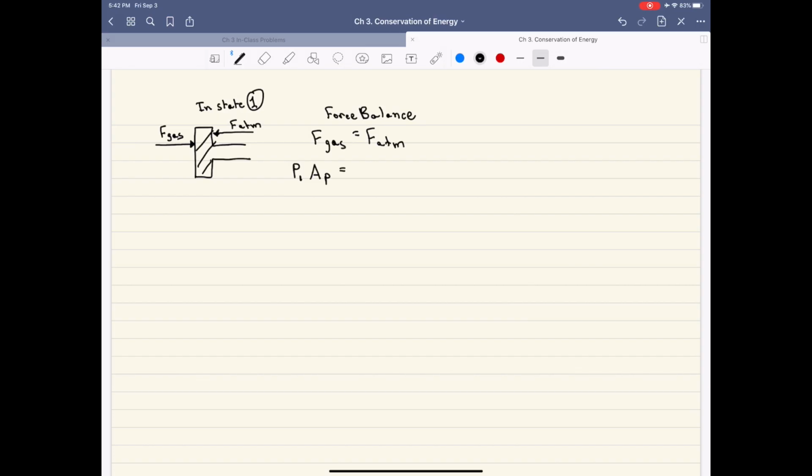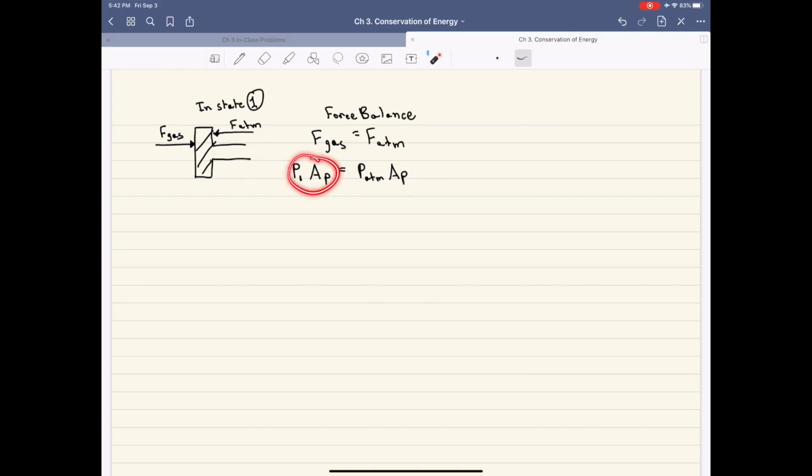For force atmosphere, the force applied by those atmospheric molecules is just going to be the pressure of the atmosphere times, once again, the area of the piston, because it's acting on the piston there. And so from our force balance, we have a relationship between the pressure of the gas inside the cylinder and the pressure of the atmosphere outside of it.